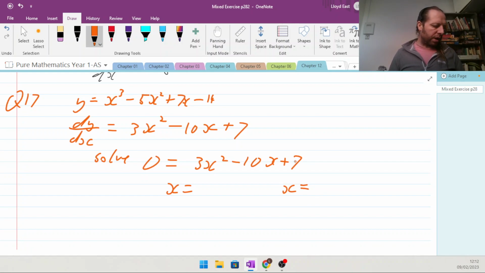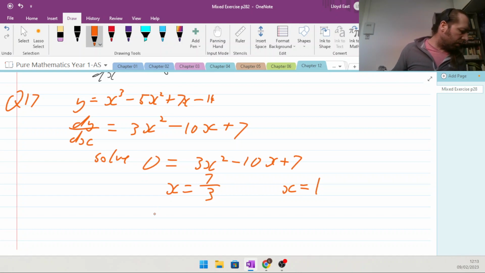It is a quadratic, so it should have two solutions. Putting it straight into the calculator, polynomial solver, so 3, minus 10 and 7 gives us x at 7 over 3 and x at 1.